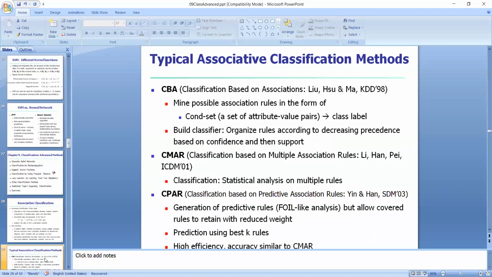Now, coming to the different types of association methods. There are mainly three types of associative classification method known as CBA, CMAR, and CPAR. We'll see one by one what it is and how it is working. One thing to keep in mind is that all the three methods are based on frequent item sets and strong association rules.